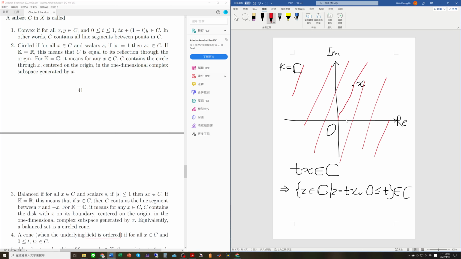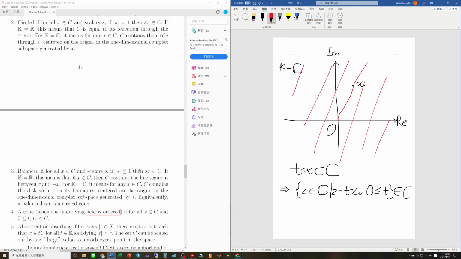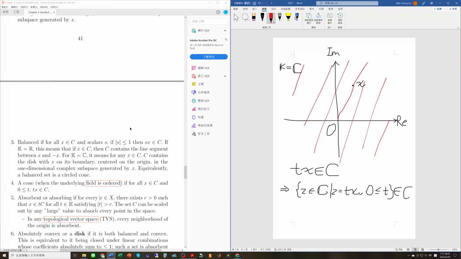So is the total complex number plane a balanced set? Let us see. For K equal to C, it means that for any x in C, C contains the disk with x on its boundary.